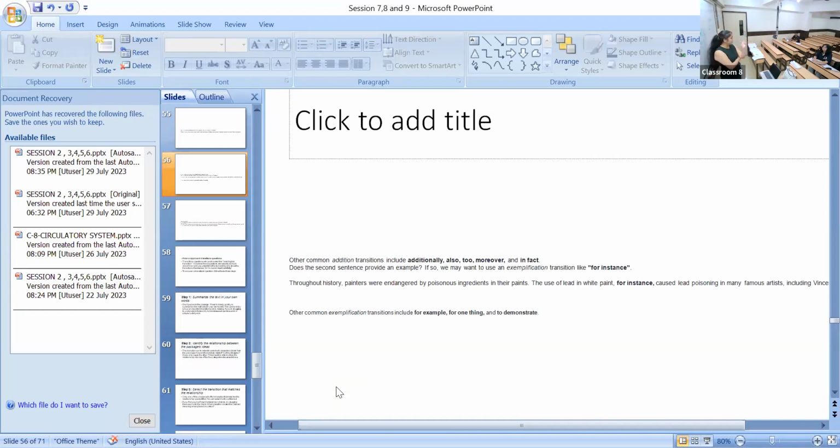For one thing we usually forget; for example and for instance we remember. If you want, take a second to write in your notebook. Write down exemplification transitions. Under that, write for instance, for example, for one thing, to demonstrate.